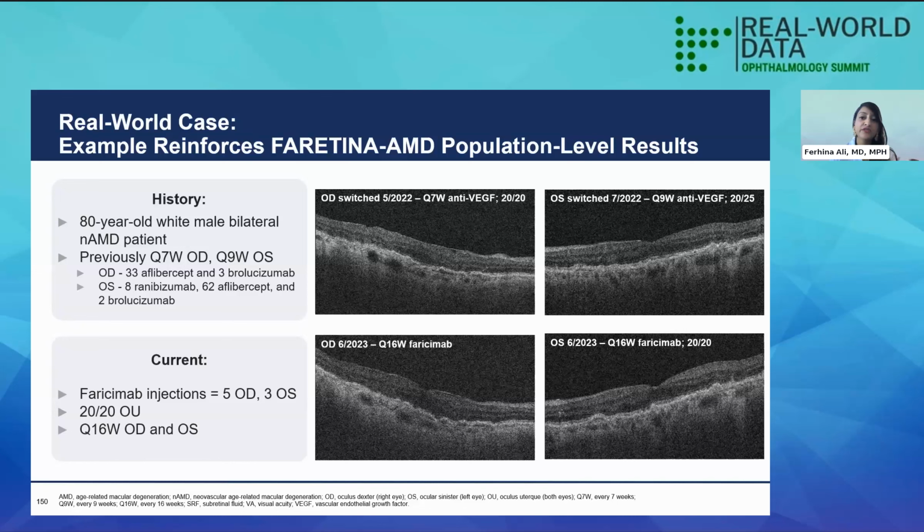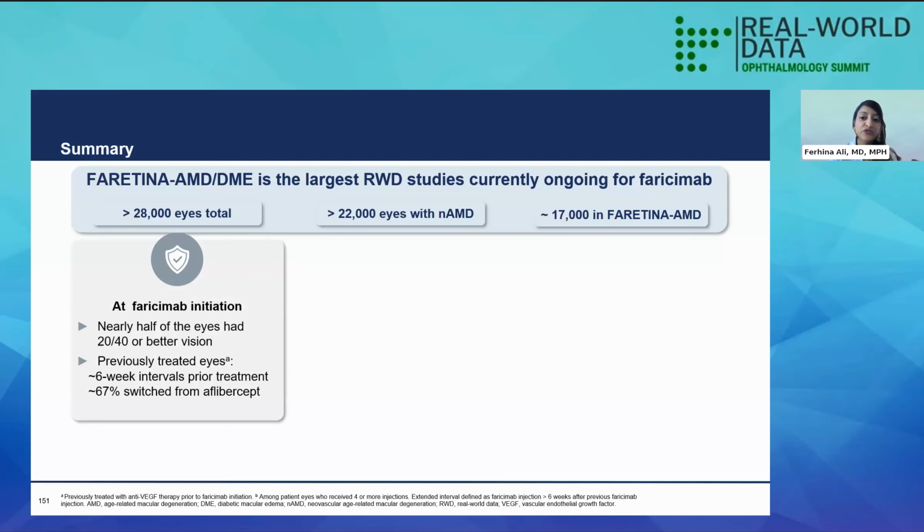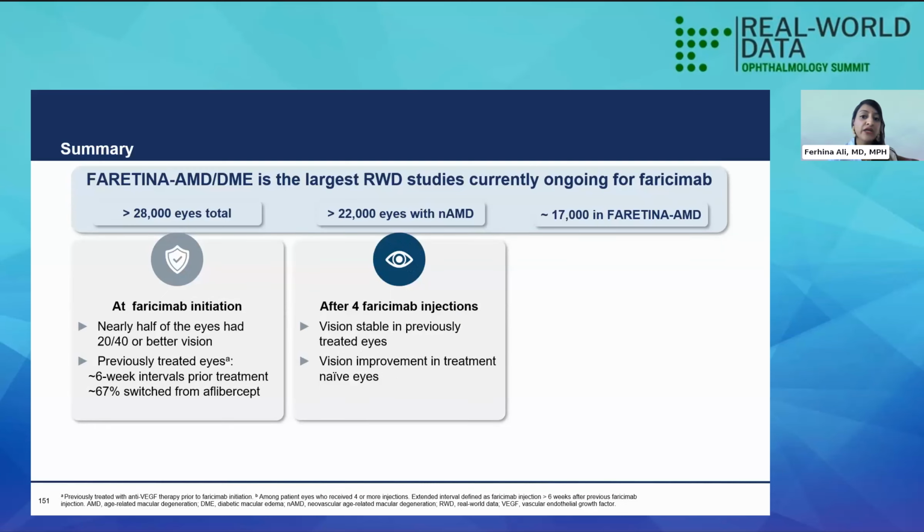So in summary, FAR-RETINA is the largest real-world data study currently ongoing for faricimab, with over 28,000 eyes treated with faricimab, over 22,000 for the treatment for neovascular AMD, and over 17,000 that were included in the FAR-RETINA AMD cohort. More than 3/4 of the previously treated eyes had switched from aflibercept with maintenance or improvement in vision that was seen.